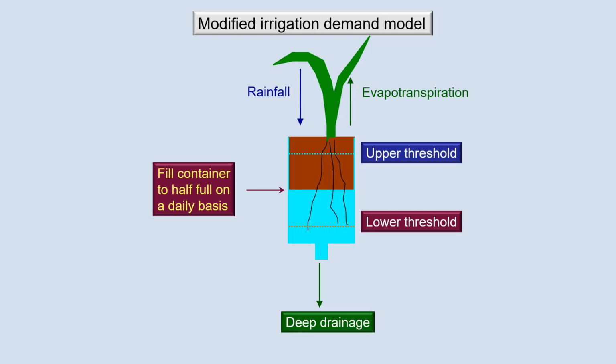On average, the water level averaged over soils in all farms will be half full. These containers, as they pertain to soil moisture stores over many farms, on average the water level will be half. And this is what I need to simulate in my irrigation demand model.